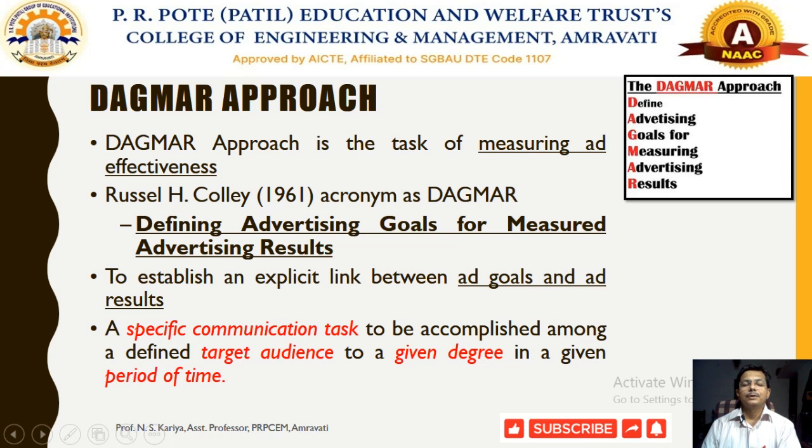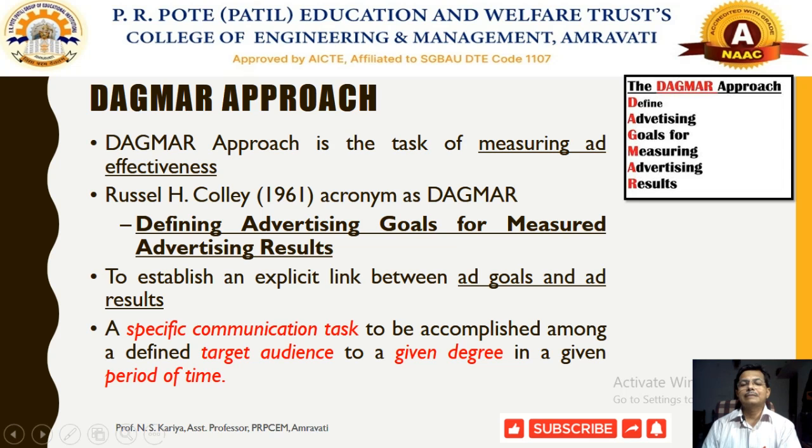So what is our communication objective or advertisement objective? That is nothing but our specific communication task. That specific communication task needs to be fulfilled among the targeted audience to a given degree in a given period of time. So all these advertising goals and objectives are time bound activities to fulfill the needs and wants of the targeted audience.